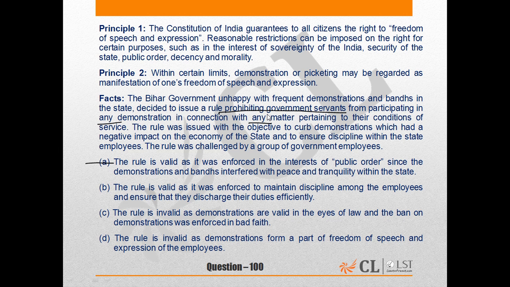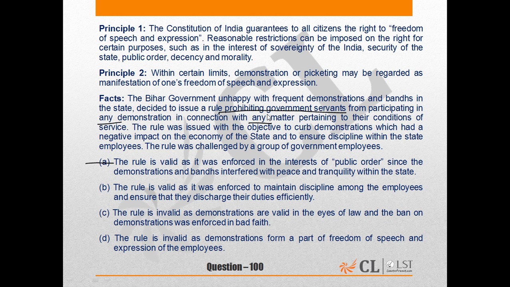Option A says the rule is valid as it was enforced in the interest of public order since the demonstration and bunds interfered with peace and tranquility within the state. But we can see that the prohibition that has been placed is an absolute prohibition. There is no reasonability.